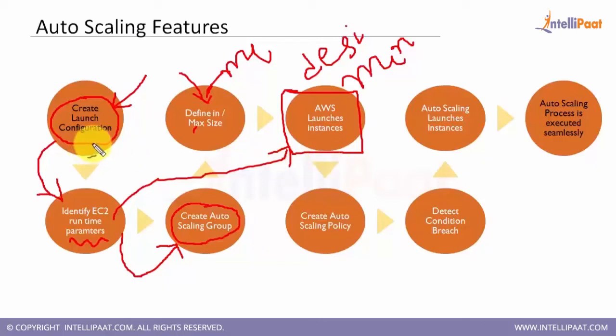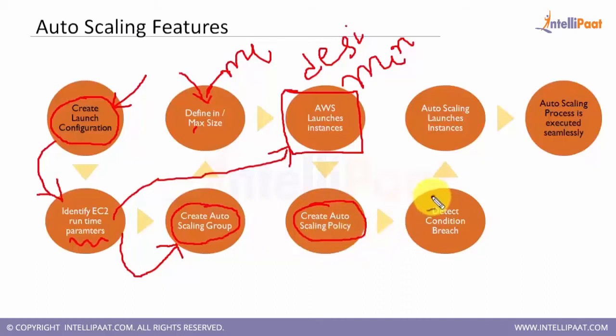So your first step was creating a launch configuration. The second step is creating an auto scaling group. Once all this is done, you can create an auto scaling policy. In the policy, you define that whenever there is a threshold above 60%, below 60%, or based on time, you launch a new instance.